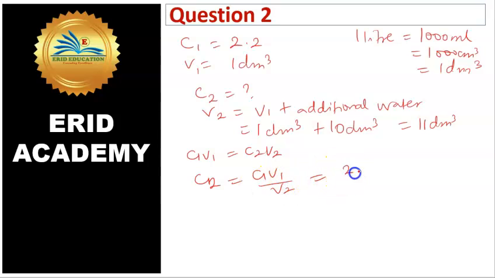And what do we have? We have C1, 2.2, multiplied by 1 over 11. And so that value will be equal to 2.2 multiplied by 1 divided by 11. So that should give us 0.2 molar.